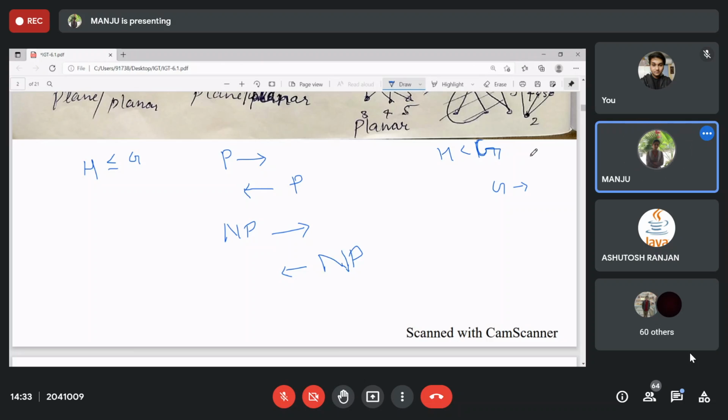Is it planar? May or may not be. Example?